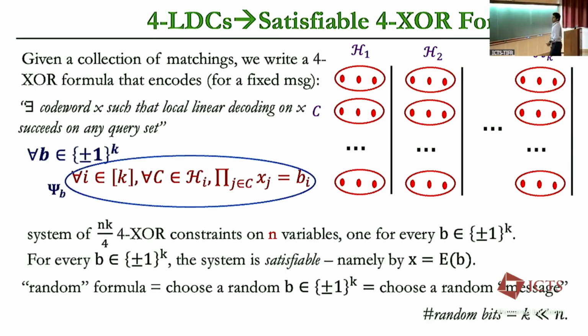Now, notice, as I reminded you earlier, the number of random bits in the choice of this formula is basically the number of message bits. We are in coding theory. Of course, the number of message bits is much tinier than the number of code word bits. So that means that the number of random bits is much tinier than the number of variables in the formula, because the variables in this formula are one for each possible code word bit. You're all good with this? Okay, great.